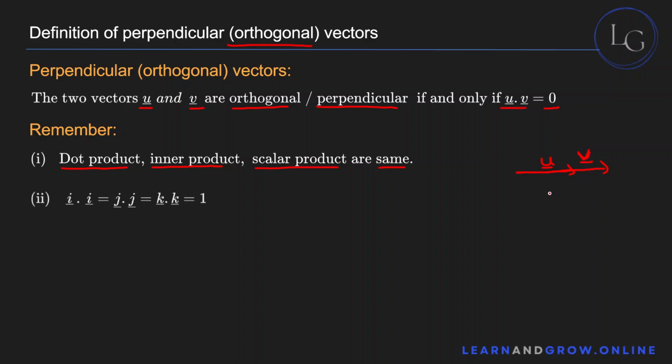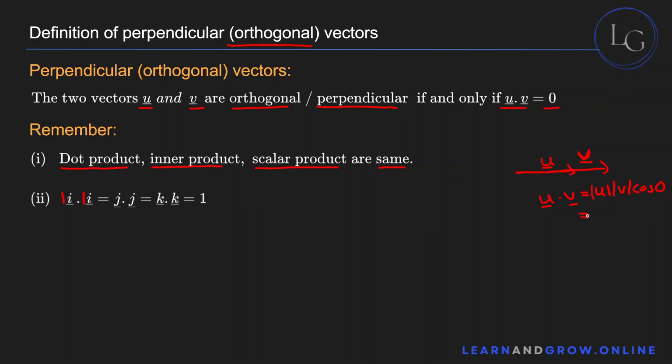And that means the dot product of u and v is equal to the magnitude of u, into the magnitude of v, into cos of 0. And remember that cos of 0 is equal to 1.